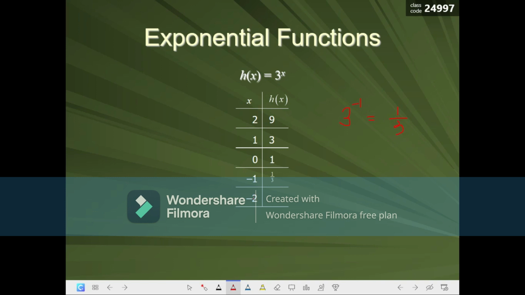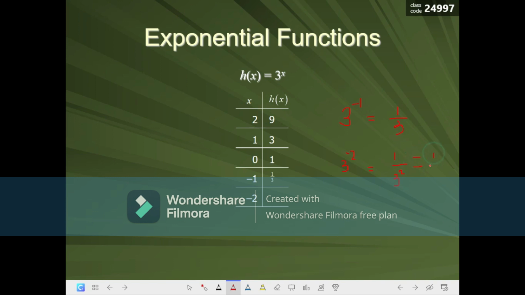Next, if x is negative 2, since you have 3 to the power of x, remember to make the exponent positive. We're going to get the reciprocal, and then 1 over 3 squared.